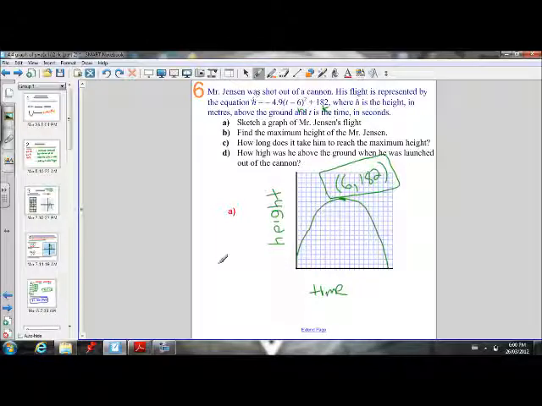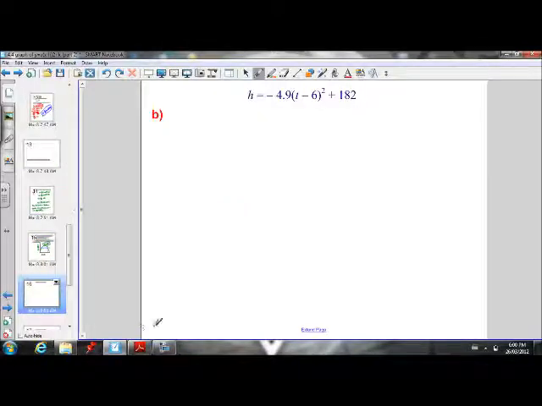What's the height? So I'm just going to go through and fill out the answers quickly for you here, so you can give this a shot and make sure you're able to get those answers. So part B was find the maximum height. So the maximum height should be 182 meters.